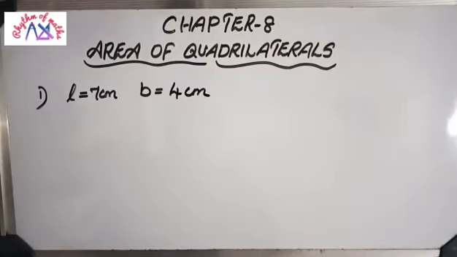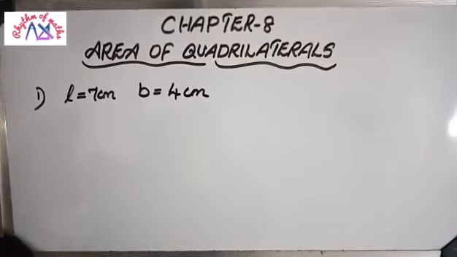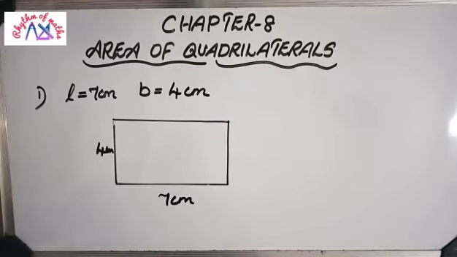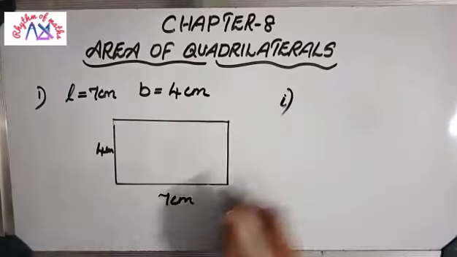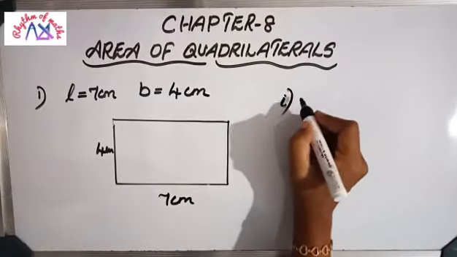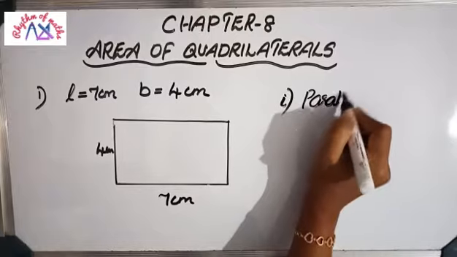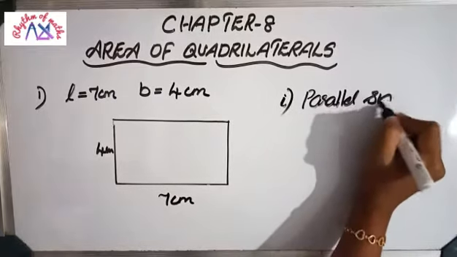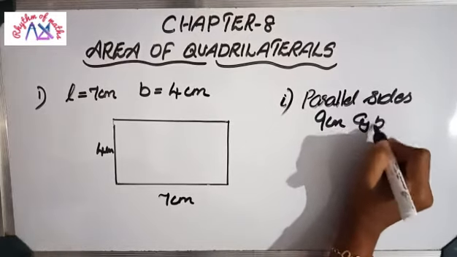Here in this question, first we have to draw a rectangle with length 7 cm and breadth 4 cm. So first let's draw the rectangle. This is a rectangle with length 7 cm, breadth 4 cm. Now in the first sub question, we have to draw an isosceles trapezium with parallel sides 9 cm and 5 cm.